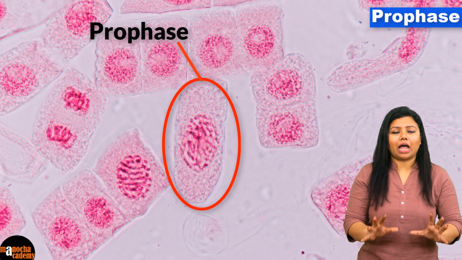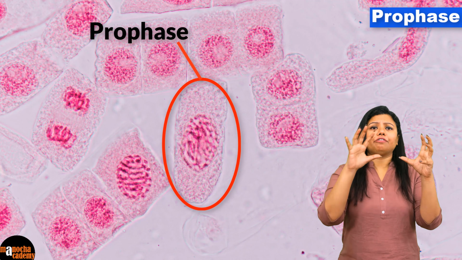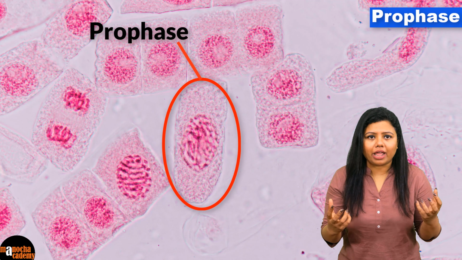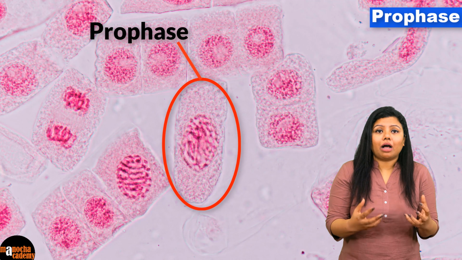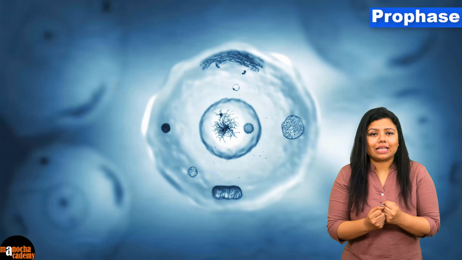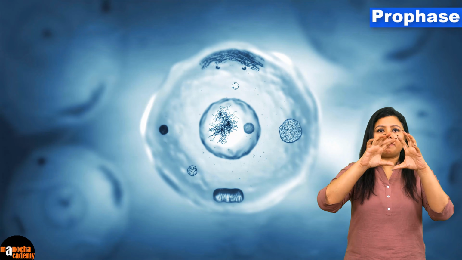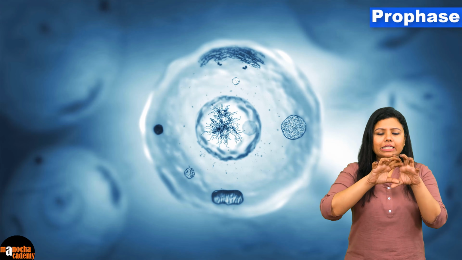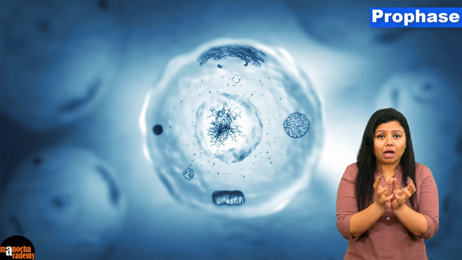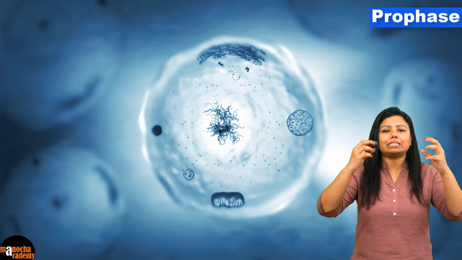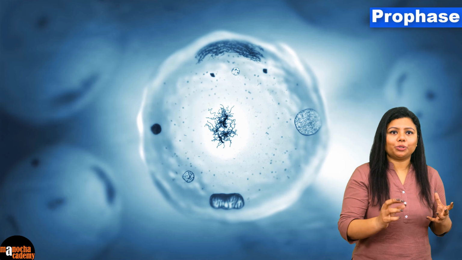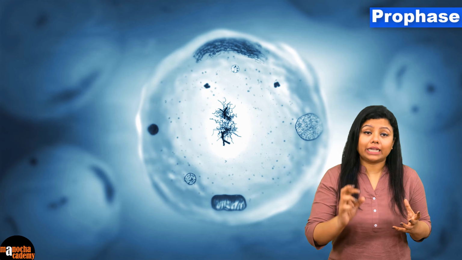reticulum, which till now was completely diffused in the nucleus as an entangled mass of thread, starts becoming prominent, and you see that instead of remaining as a thread, by the end of prophase, this thread-like entangled mass now becomes distinct and starts showing single individual thread-like chromatin.